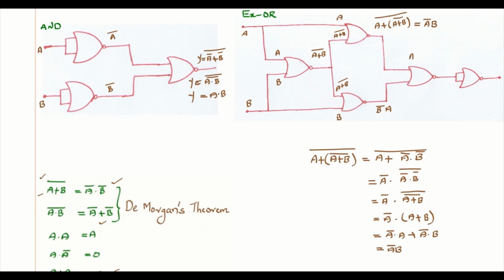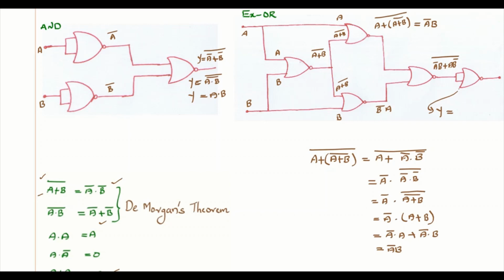So the input of the fourth NOR gate is A complement B and B complement A, so that the output becomes A complement B plus A B complement the whole complement. When it is given as the input to the fourth NOR gate, the output will be the complement of the input signal.